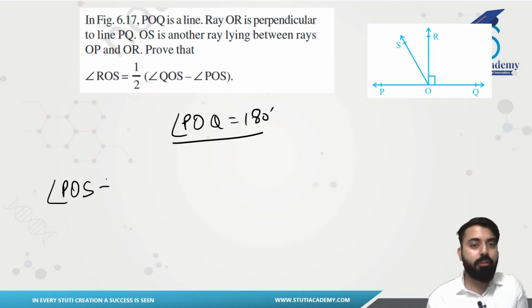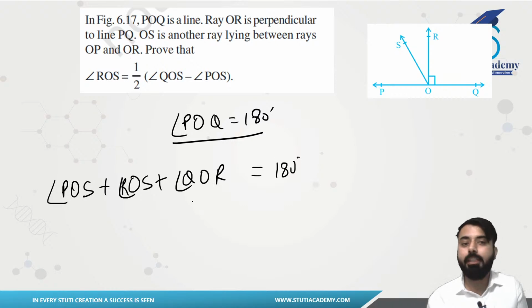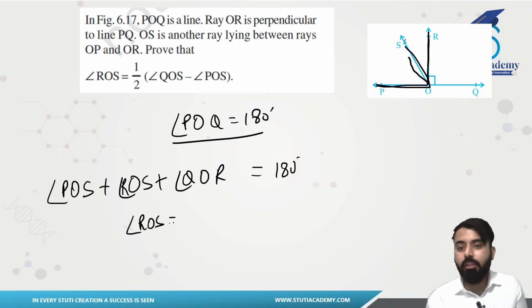Angle POS plus angle ROS plus angle QOR will be 180, right? Now if I find the value of this one, I take this entire angle and subtract this one, so I know angle ROS can also be written like this: angle POR minus angle POS, and I know POR will be the same as this one, so that can be written like that also.